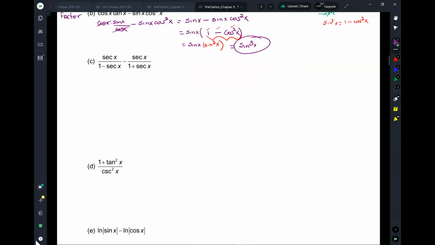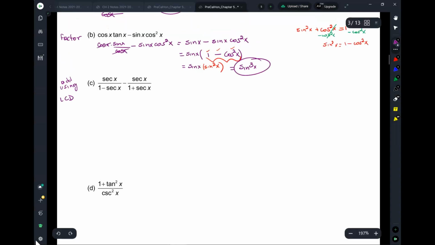When you have two fractions like this, you have to do a common denominator. Add using the LCD. So here, what's going to be the common denominator? Exactly.